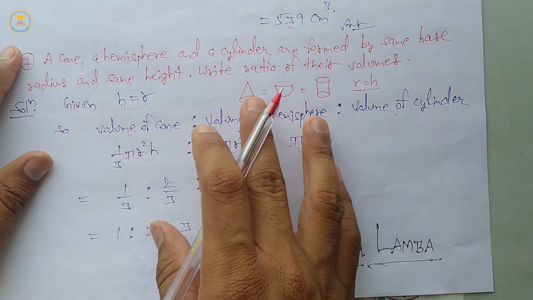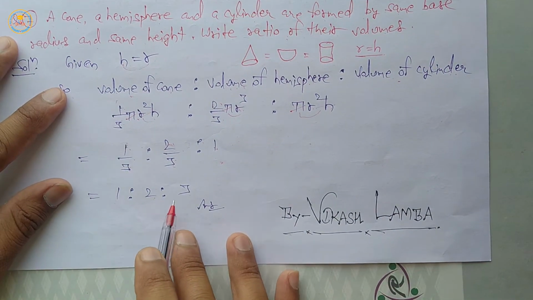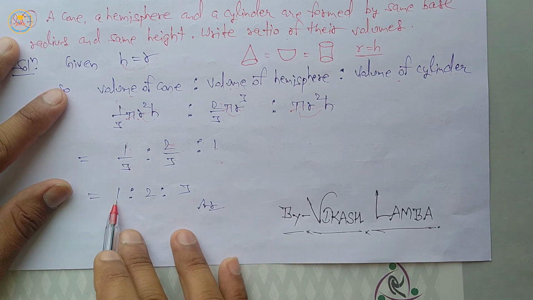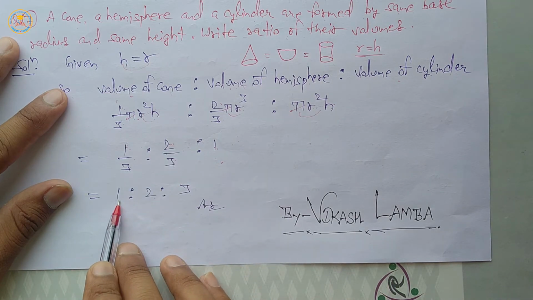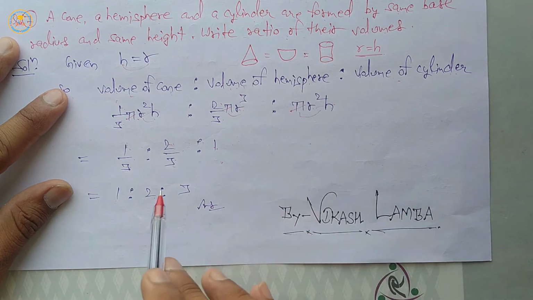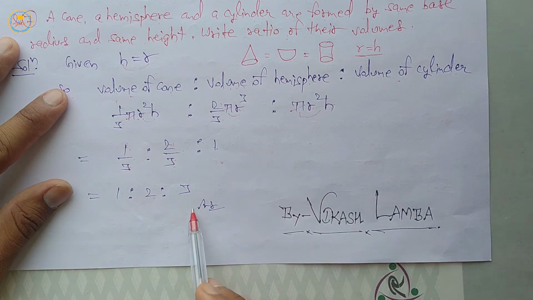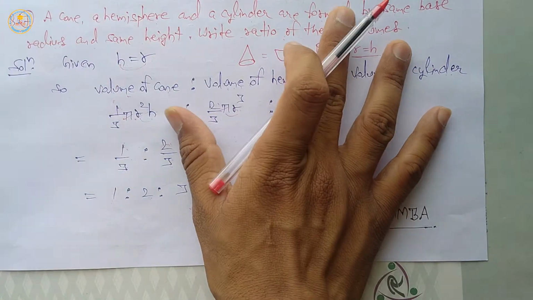Therefore, ratios of their volumes are 1 ratio 2 ratio 3 is the answer. Volume of cone is 1 ratio, volume of hemisphere is 2 ratio, and volume of cylinder is a 3 ratio. Answer. Next question.